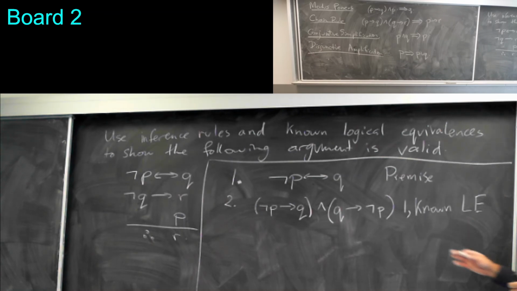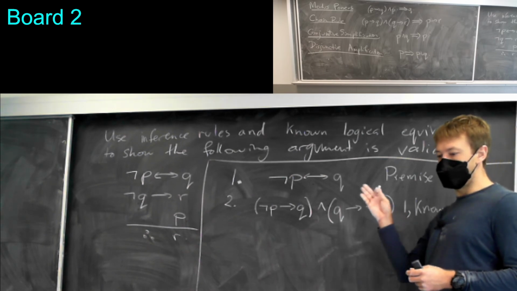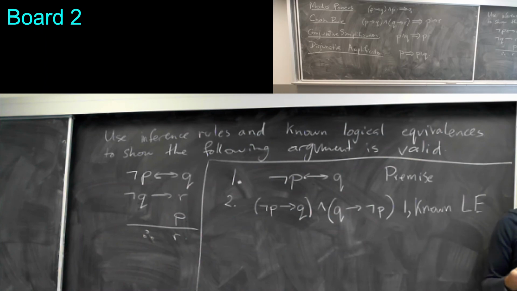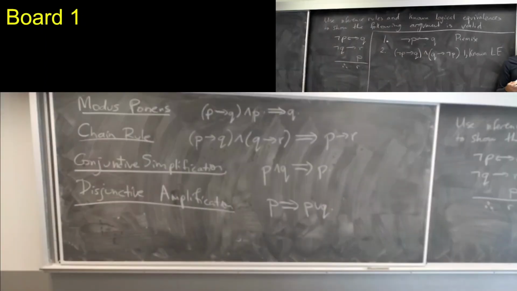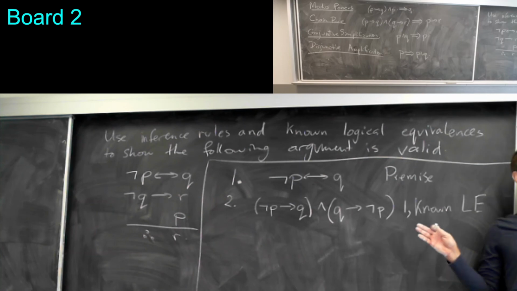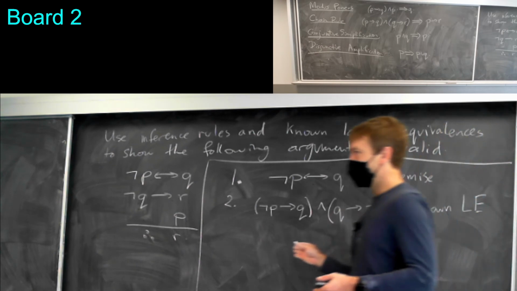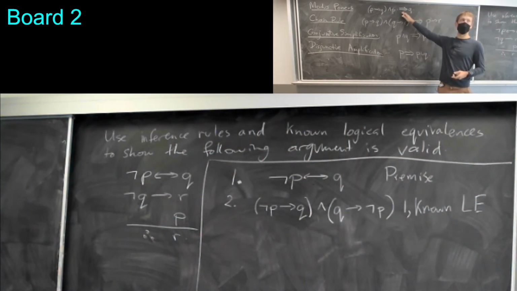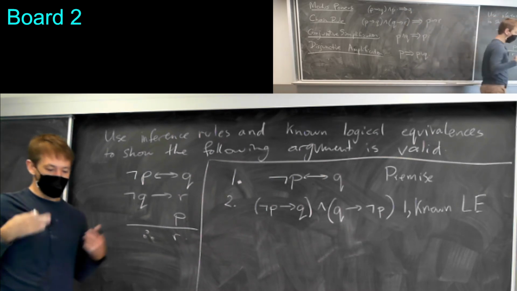Actually, I should say that there's a difference between this and the laws of logic problems. So I gave you the advice for law of logic problems that you should turn it into ands, ors, and nots. I would actually say don't do that here, because the chain rule and modus ponens are super useful, and they involve implication. So I wouldn't always turn this.